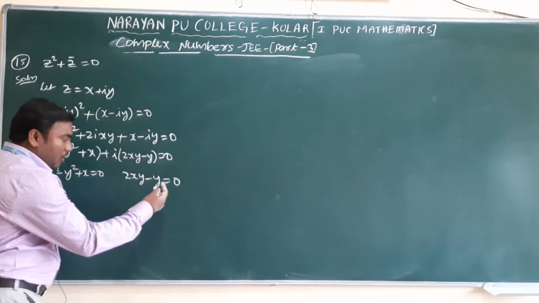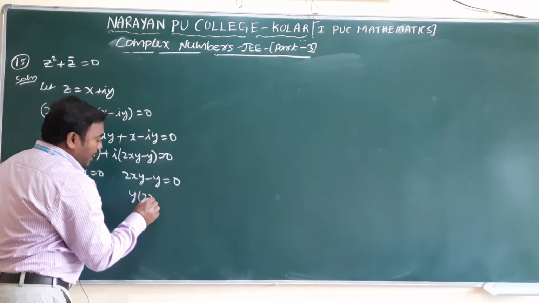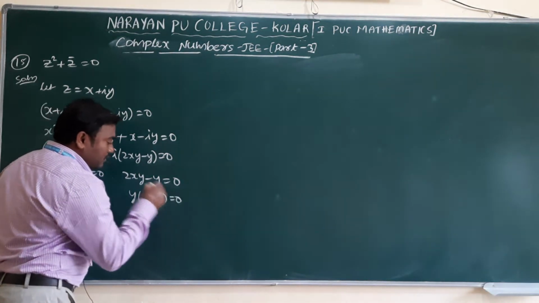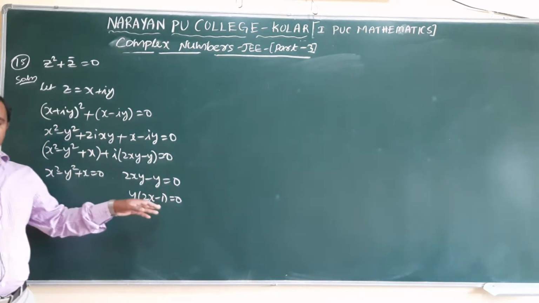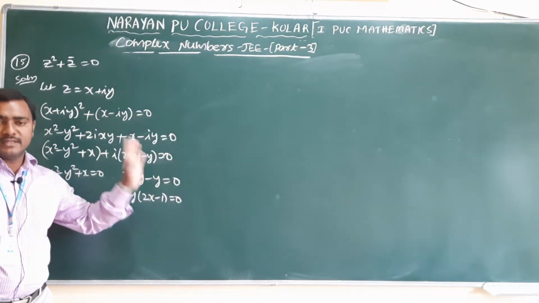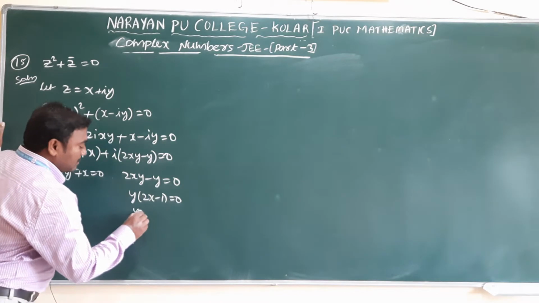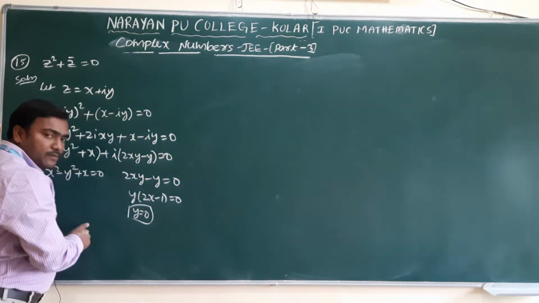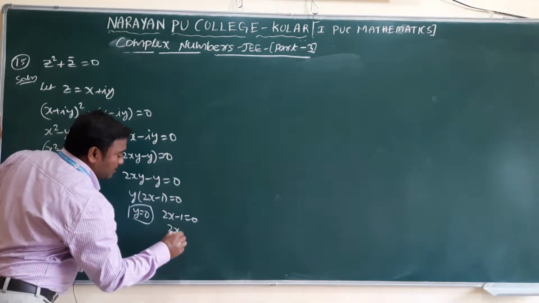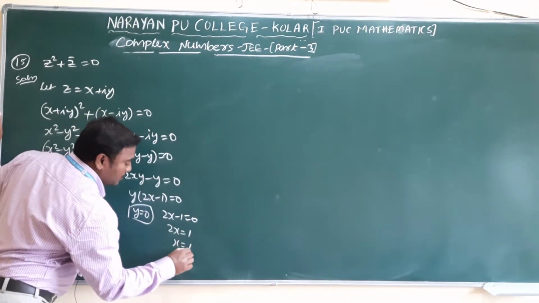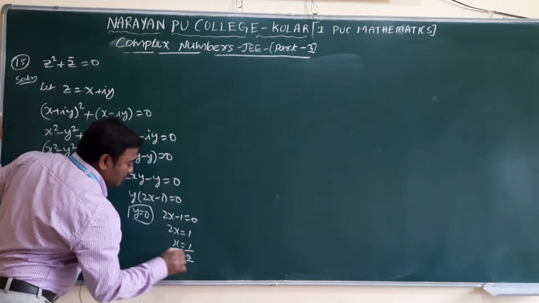Taking y common, remaining 2x minus 1 is equal to 0. So y is equal to 0 or 2x minus 1 is equal to 0, giving 2x is equal to 1, x is equal to 1 by 2.